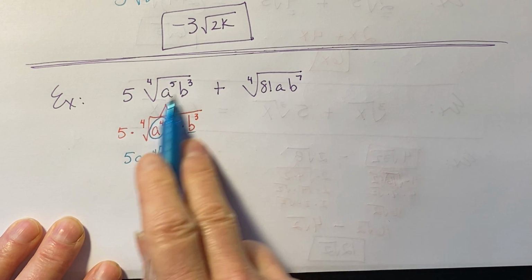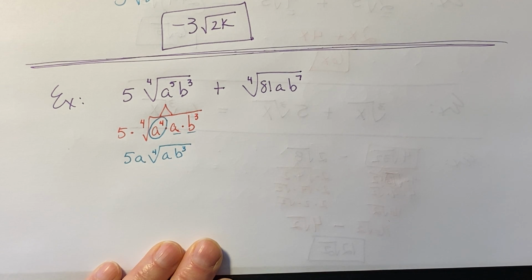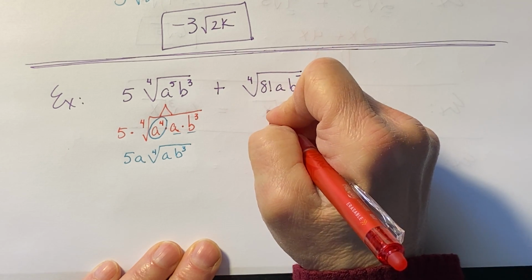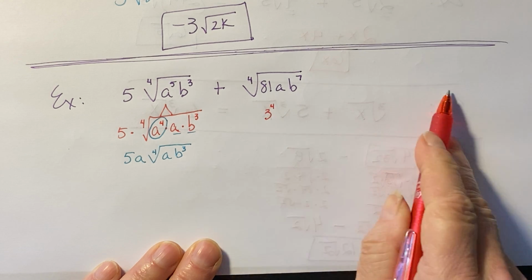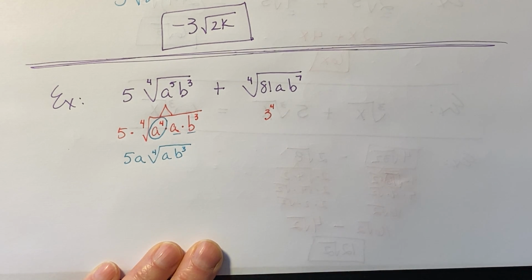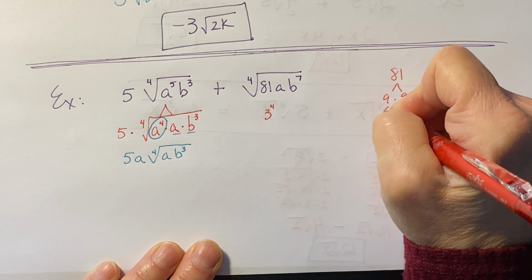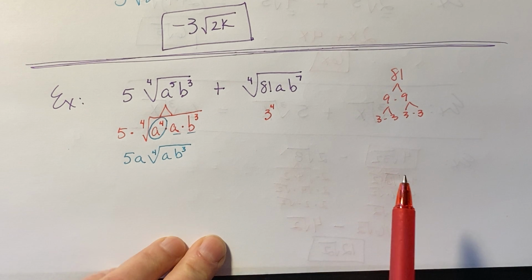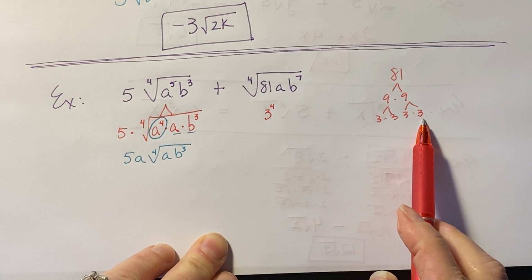That's that one. Now over here, is 81 a perfect 4th root? It is. It's 3 to the 4th power. You could find that out by doing prime factorization. 9 times 9, 3 times 3, 3 times 3. So you see you got your 4 factors that are all 3s.